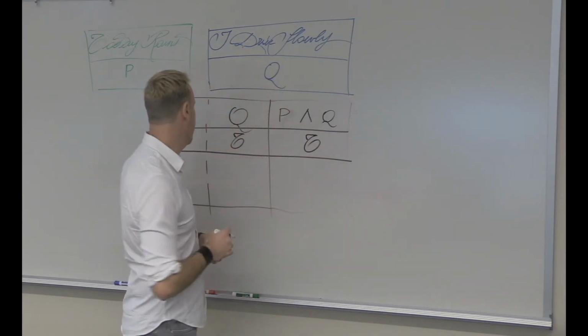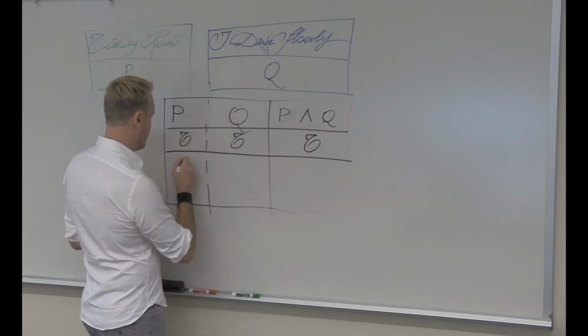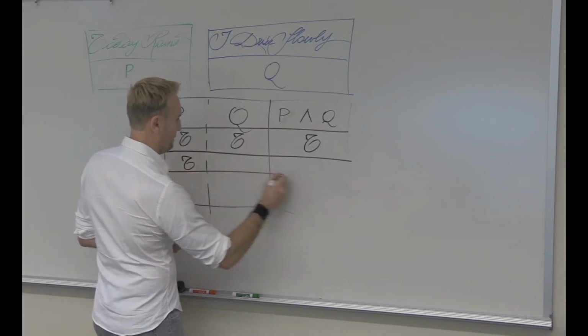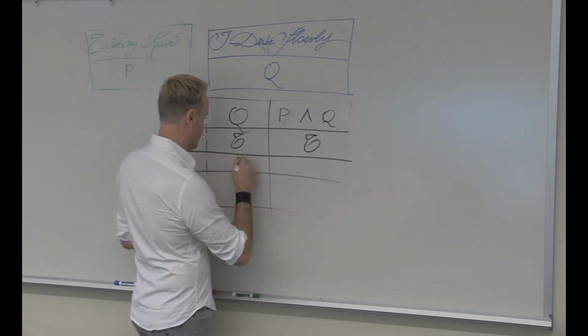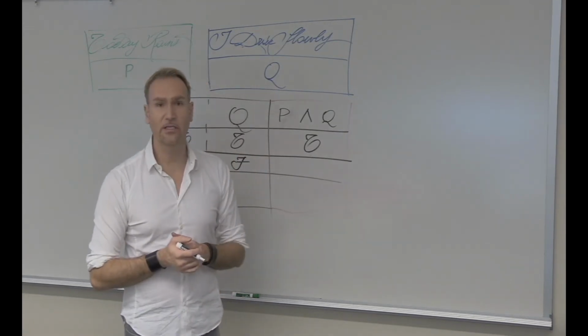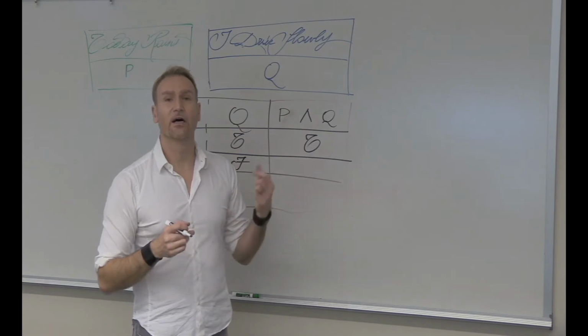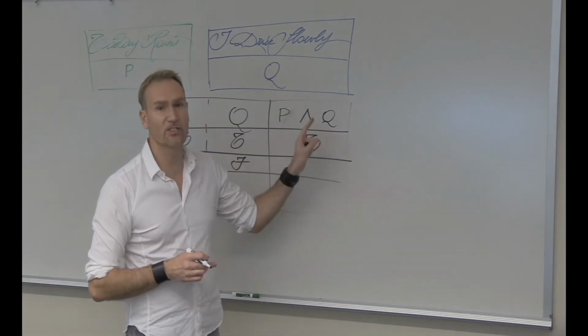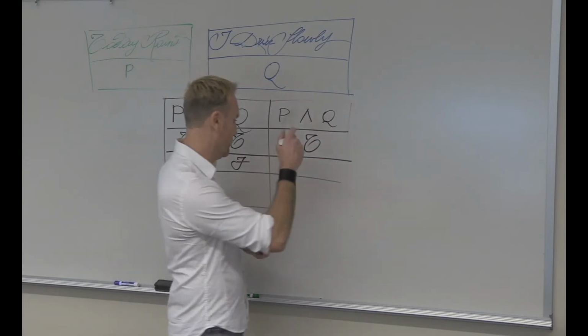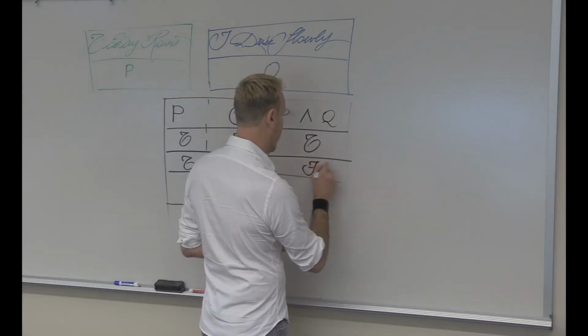What will happen if P is true, but Q is false? At this point, one is false, and the other is true. Therefore, this one no longer holds true. So this will be false as well. Again, conjunction.